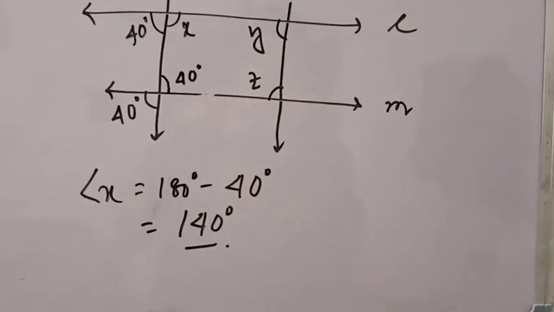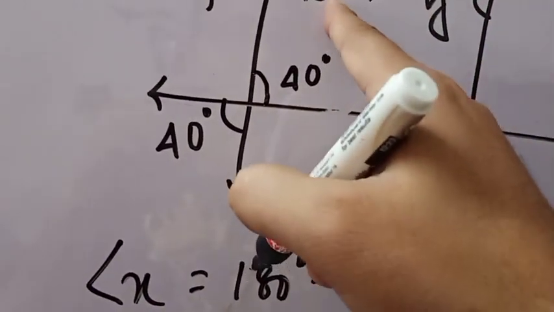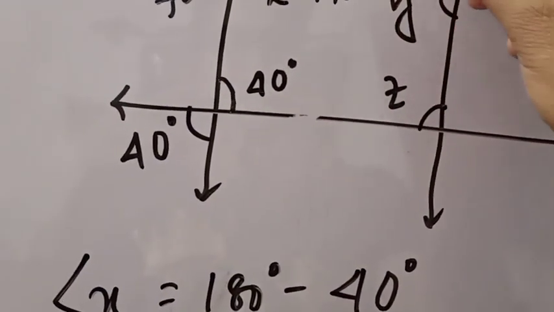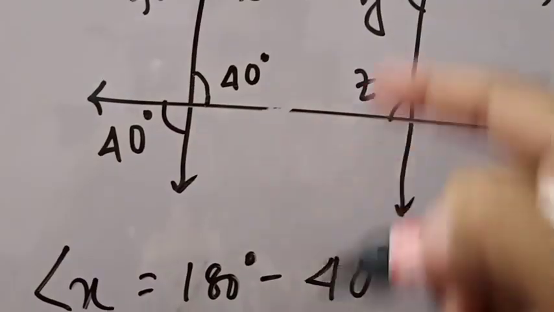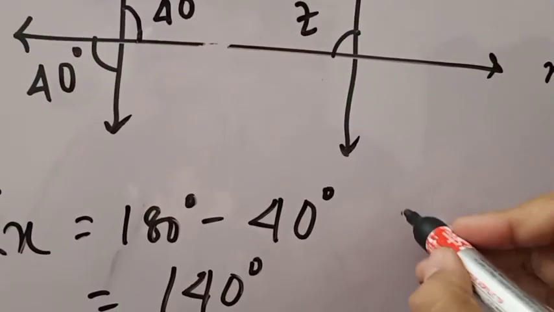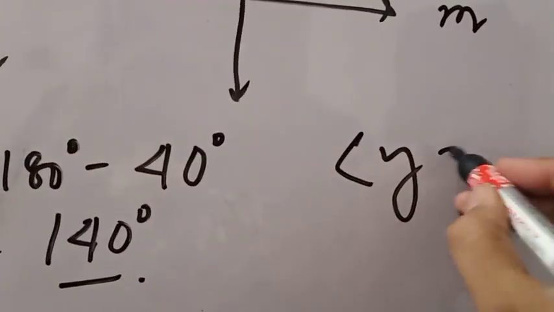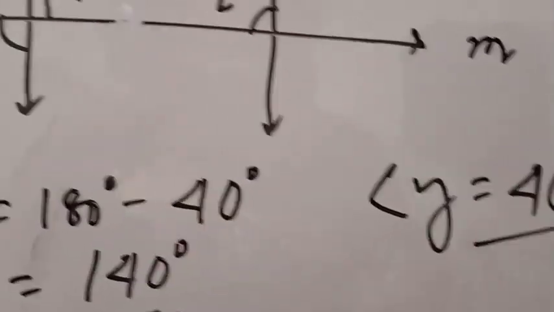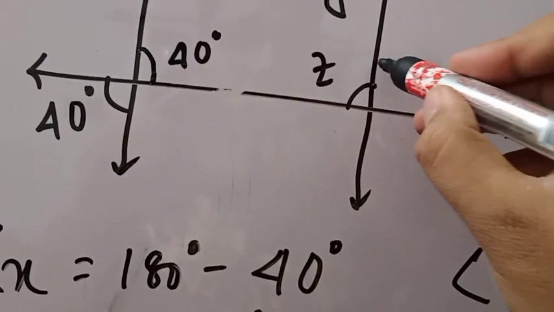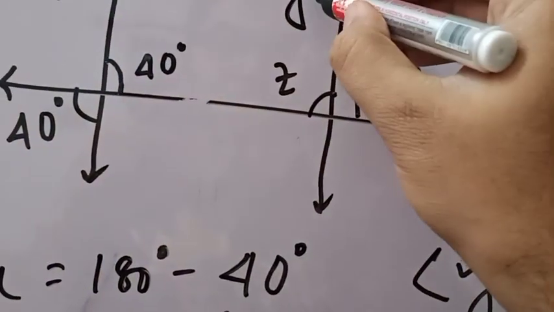Now if this is 140 degrees, this and this are alternate angles. This equals 140. That means y equals 180 minus 140, that is 40 degrees. So y equals also 40 degrees. If y equals 40 degrees, then this and this are alternate angles.